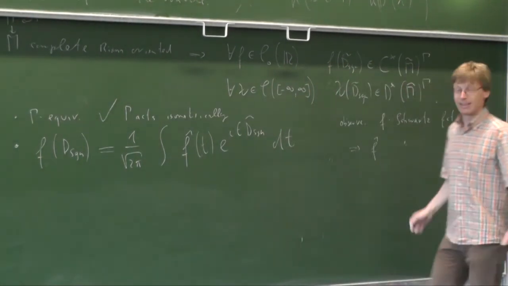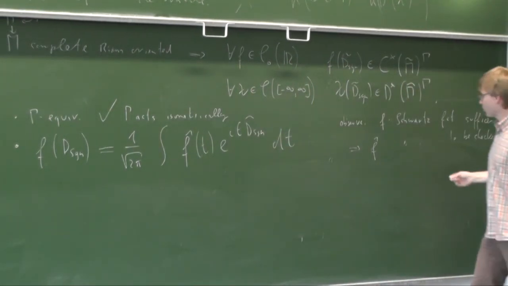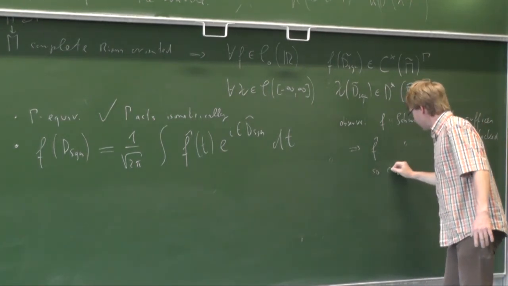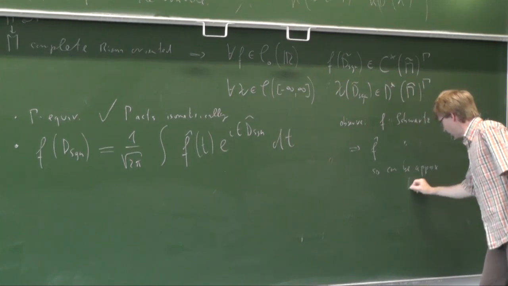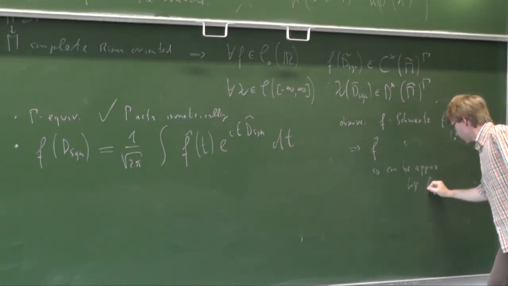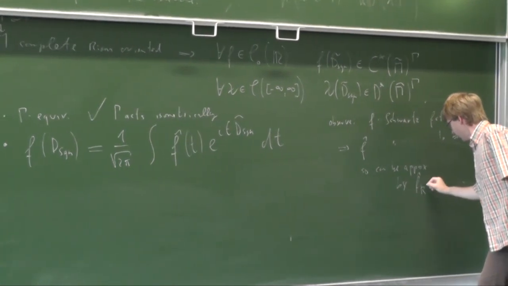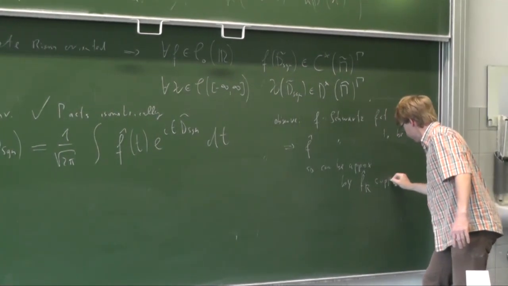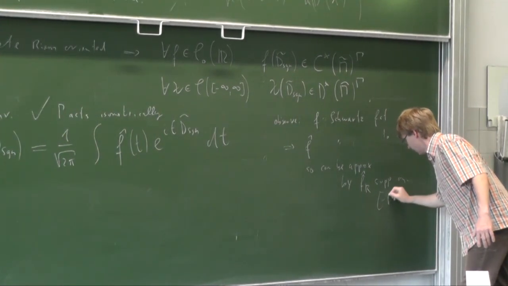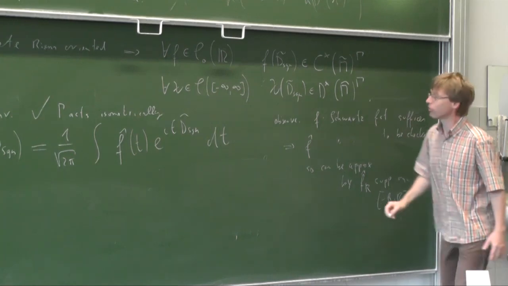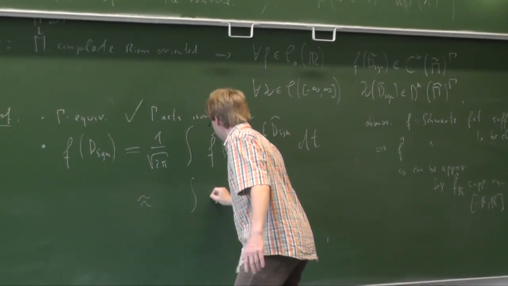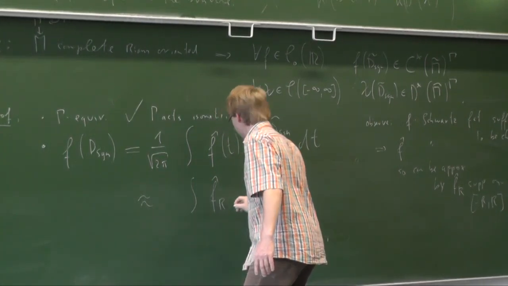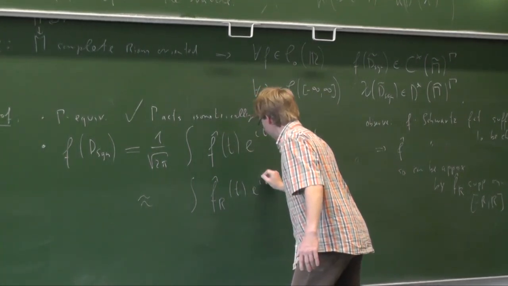So here we have both. f hat is Schwartz, so that can be approximated by f hat r supported on minus r to r. So up to a very small error, this is the same as the integral that we use, f hat r of t e to the i t D dt.